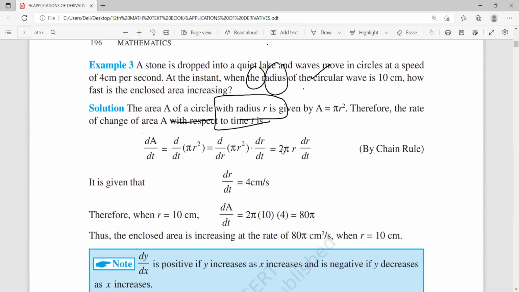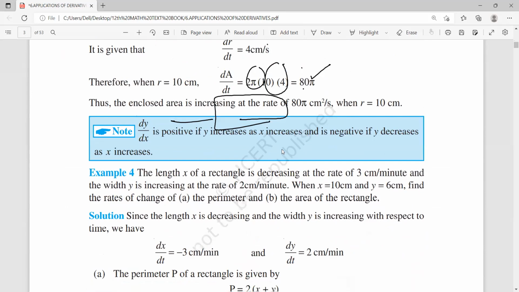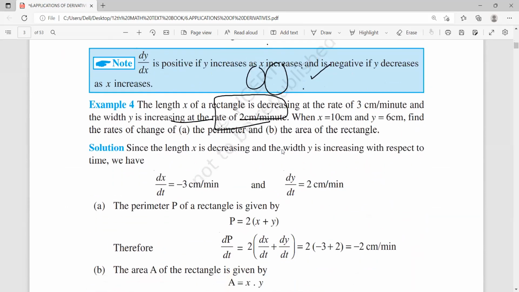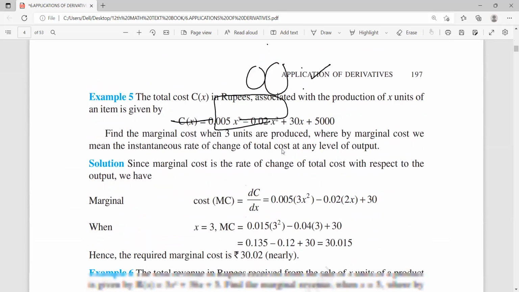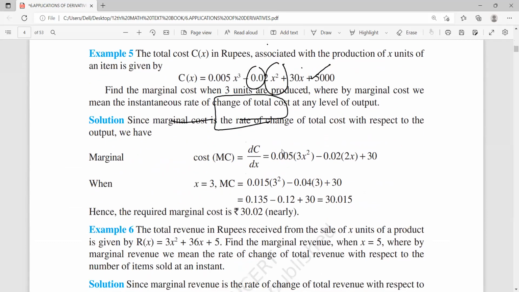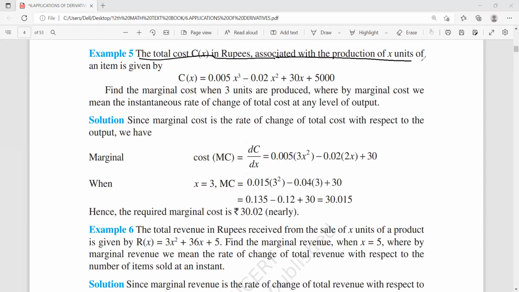Yes, this is also the same thing. Fourth question like that. But of course, here one thing is given which you need to know: the total cost in rupees associated with the production of x units of an item is given by this.